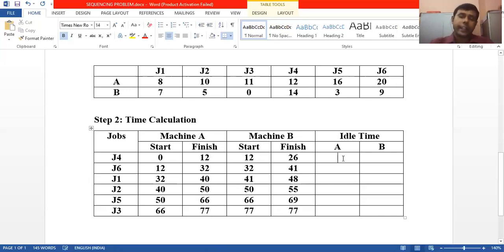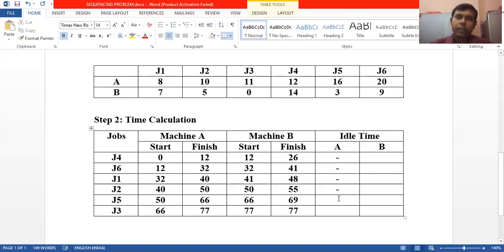Now let us see idle time. Idle time is a time during which a machine is not working and it is keeping quiet, right? So see, machine A has started at 0 hours, finished at 12, so there is no idle time. Started at 12 hours and finished at 32, again no. Finished at 32 and started at 32, there is no idle time. Finished at 40, started at 40, no idle time.